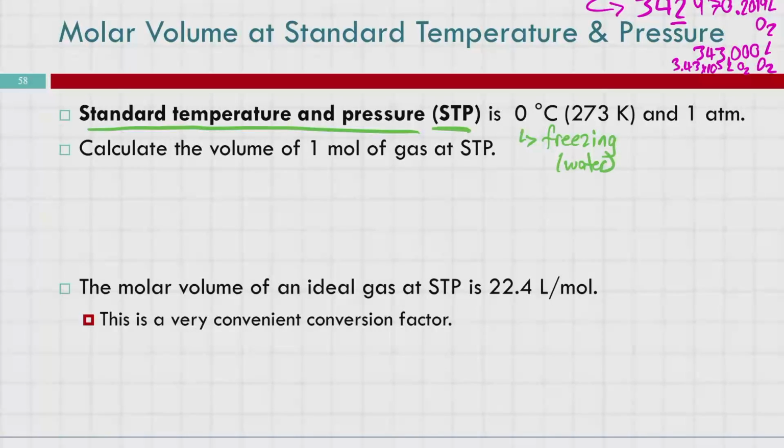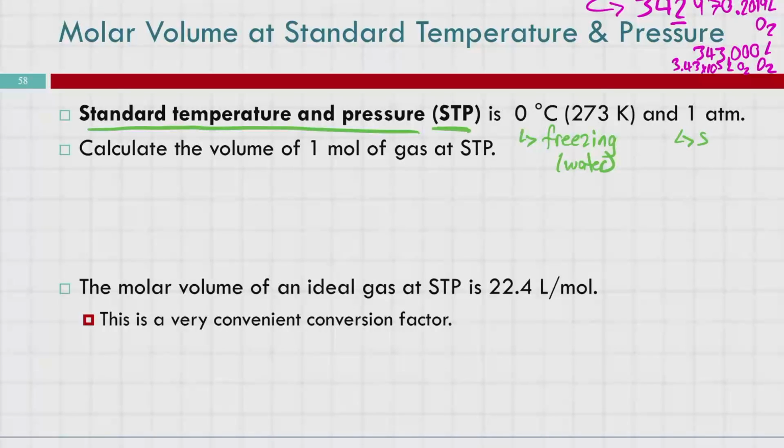So that's one of our standard conditions. That's standard temperature. Our standard pressure is 1 atmosphere. What's special about 1 atmosphere? Where do we experience 1 atmosphere of pressure? In an exam? Might feel like an atmosphere of pressure.